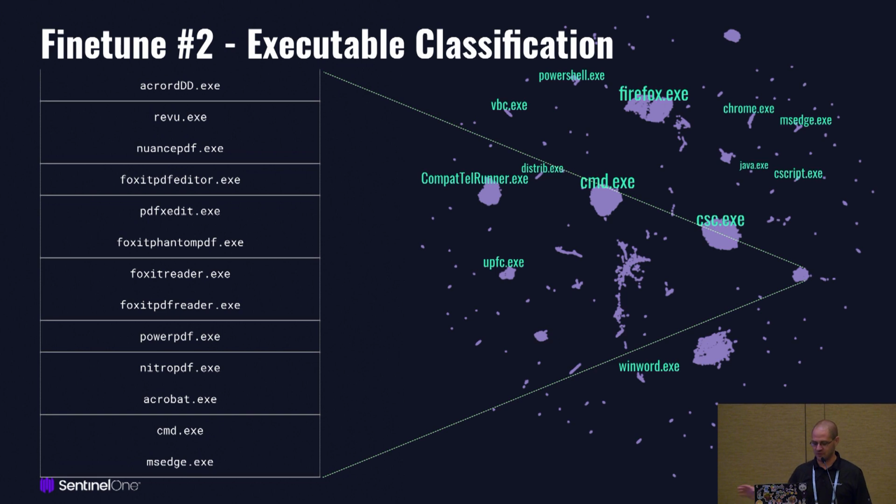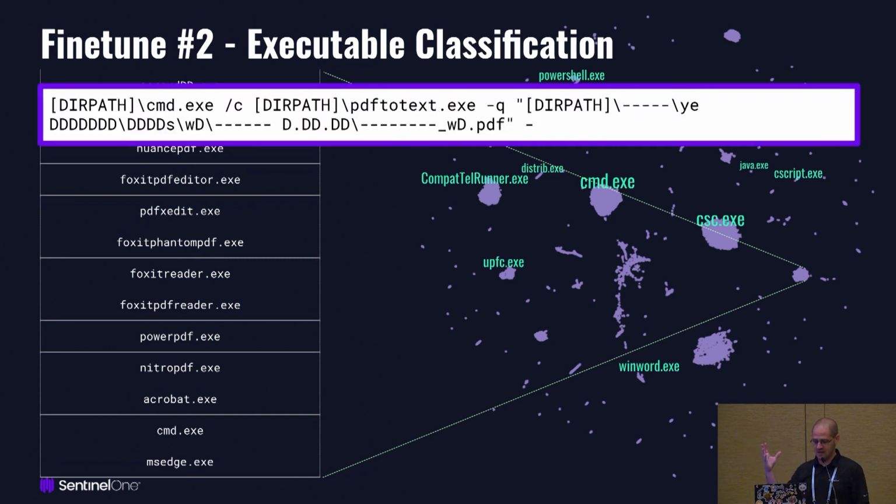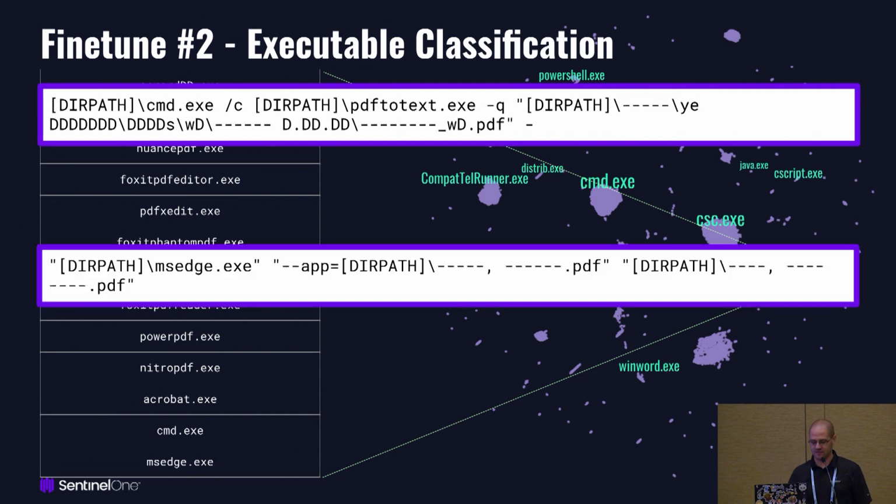On the bottom, you can see two examples of CMD and MS Edge that also open PDF files, which again, we can understand that these representations in this cluster, we can tag with some nice intent and try and predict for a specific command line.